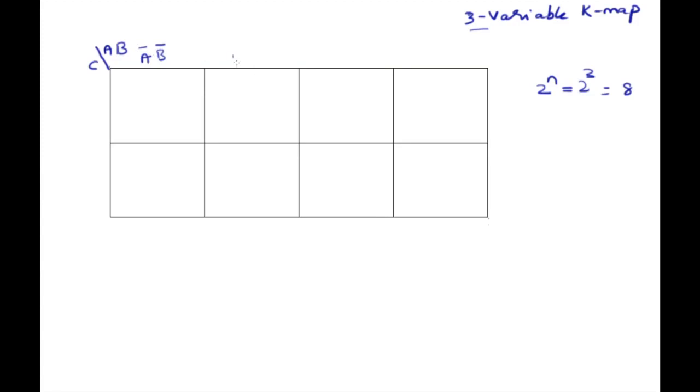Here I'll write A bar B. Next I'll write here A B bar, and here A B. So if I write in terms of 0s and 1s, this is 0 0, this is 0 1, this is 1 1, and here it is 1 0.